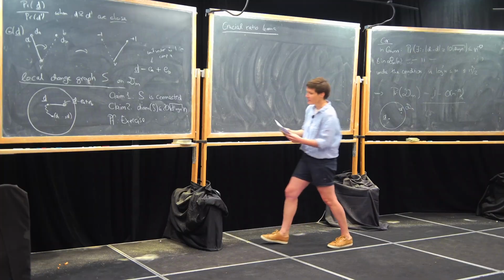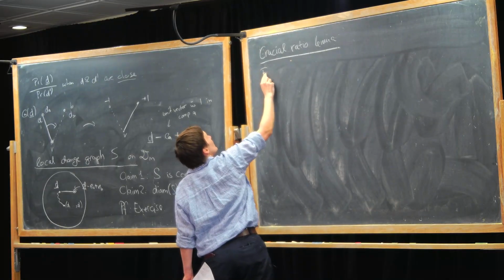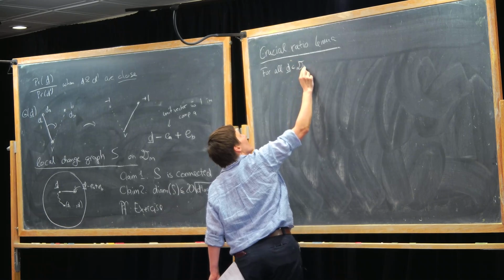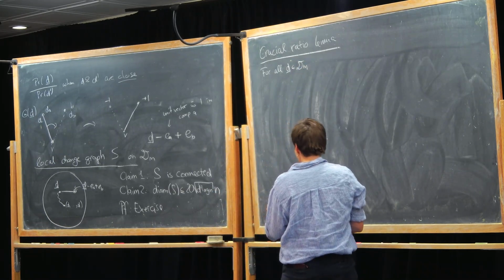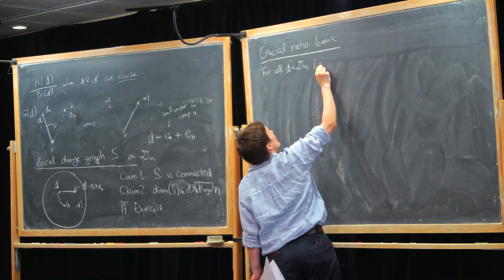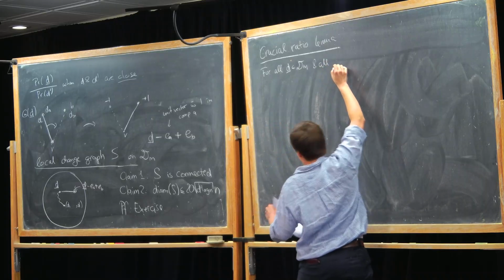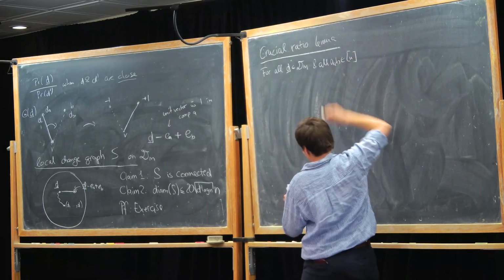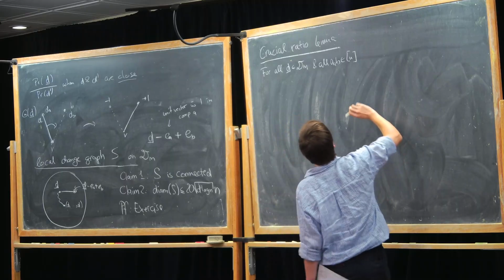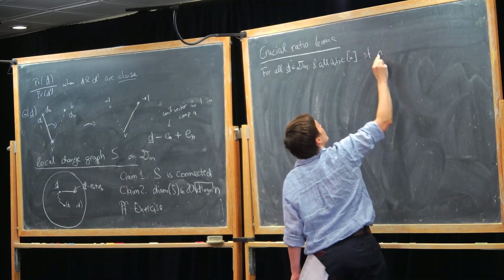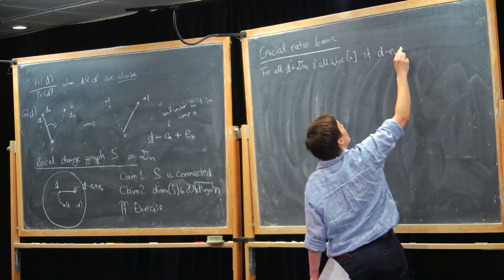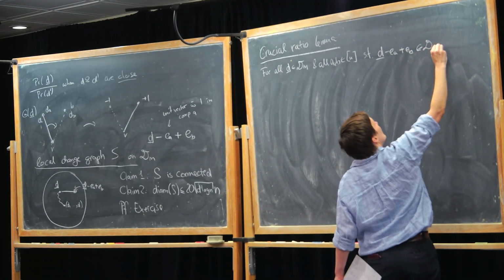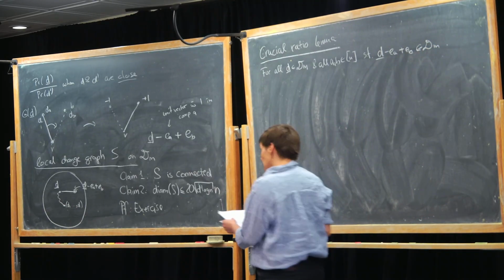For all D in Dm and all A, B in [n] such that D minus EA plus EB is also in Dm, we have the following.